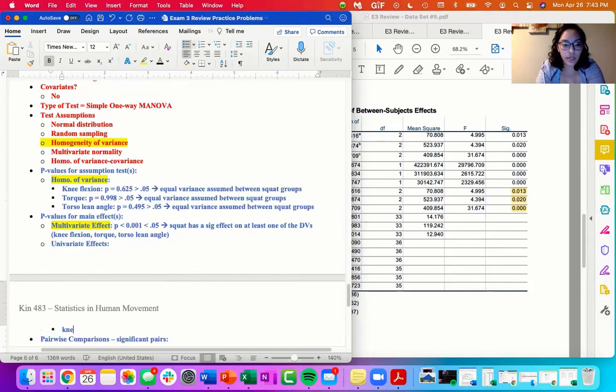And we're going to have one for knee flexion, which shows p is equal to 0.013. That's less than 0.05. So what would the interpretation be?